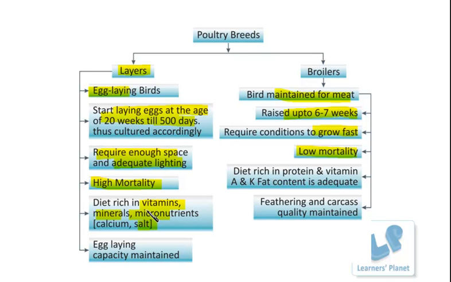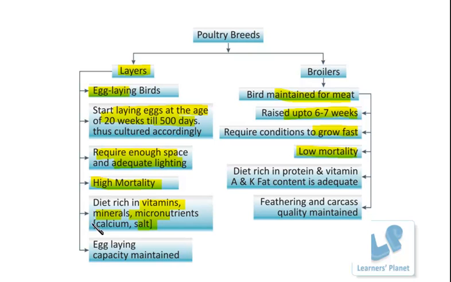The health is maintained in such a way that they gain maturity at an early stage. As soon as they get mature, they start reproducing and they start laying the eggs. So that is something which is required here, isn't it? As soon as they start laying the eggs, the benefit is obtained.